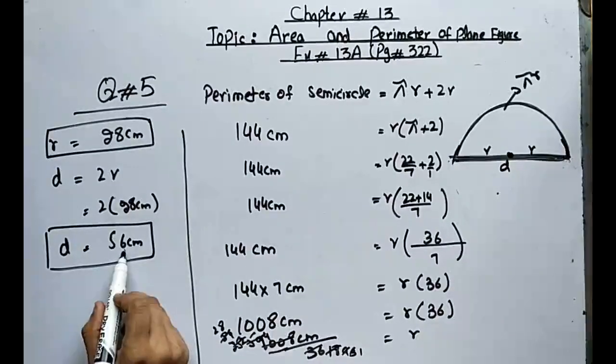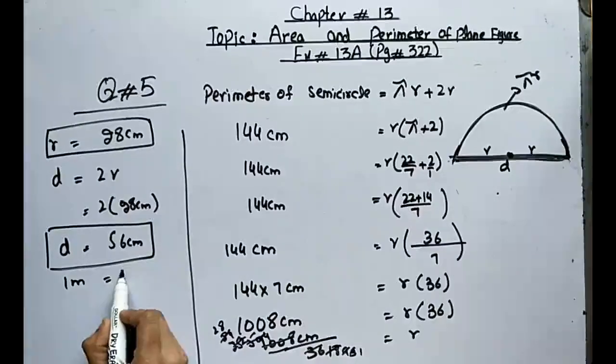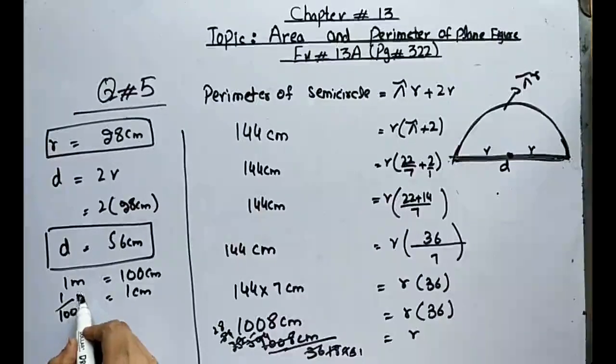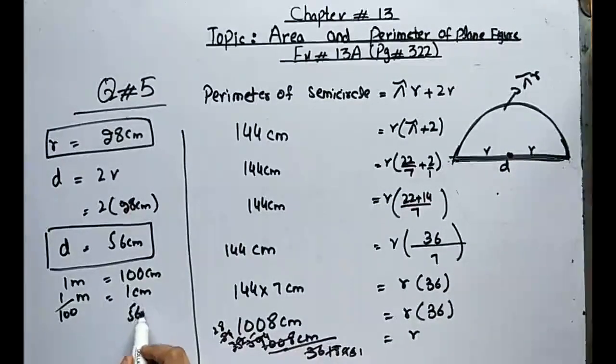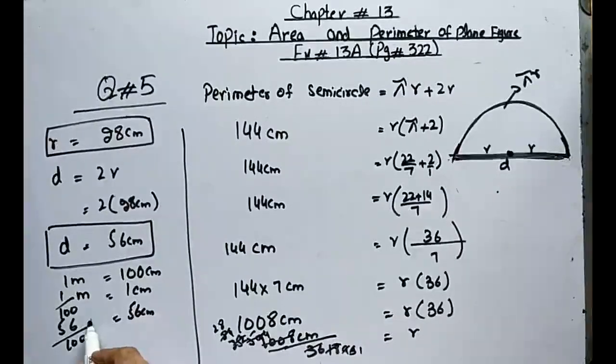So 56 centimeter has how many meters? 1 meter is equal to 100 centimeter, right? And 1 centimeter is equal to 1 by 100 meter. Now 56 centimeter will become how many meters? 56 divided by 100 meter.